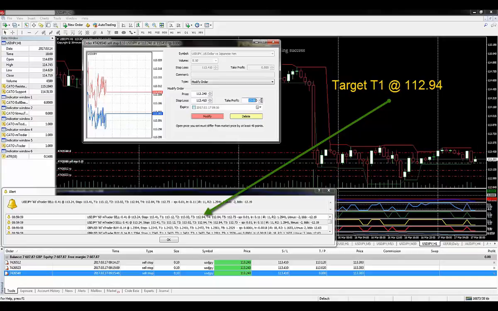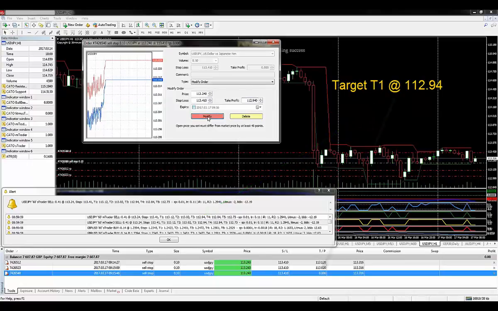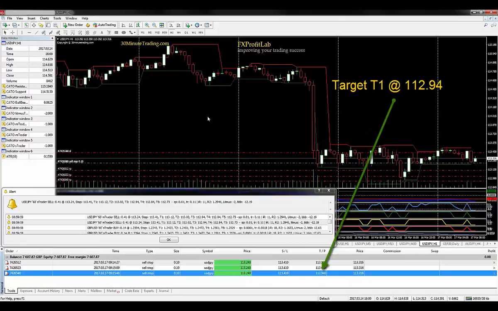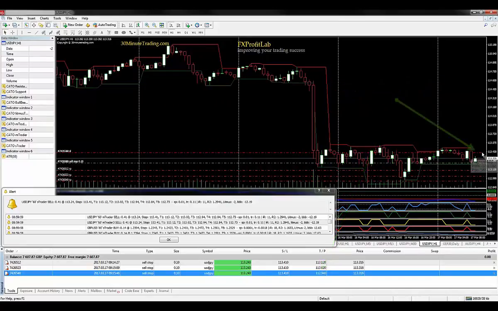And then we've got T3, which is 9, oh, it's 112.94. 112.94, like that. So we now have the stop set there, the target set there. This trade won't activate if it doesn't break this level.